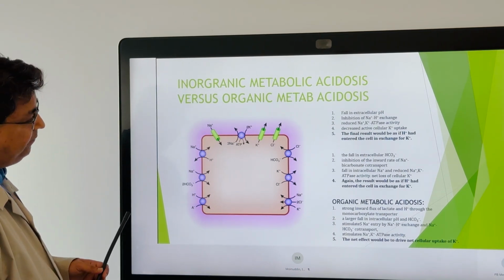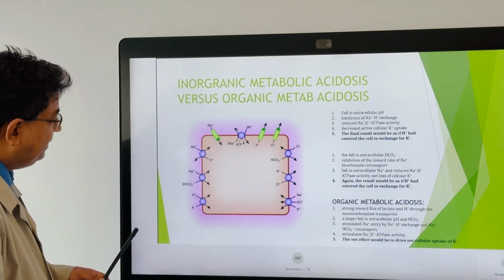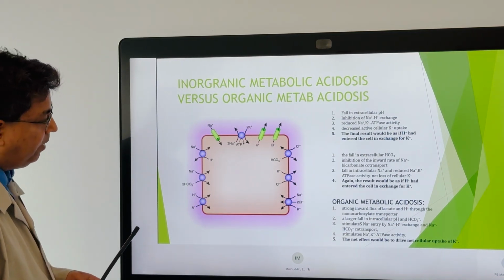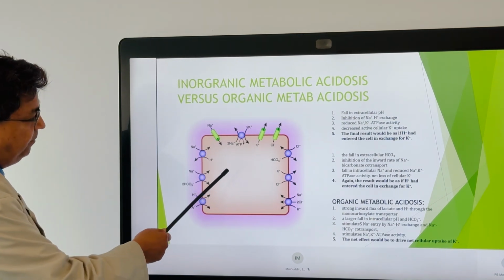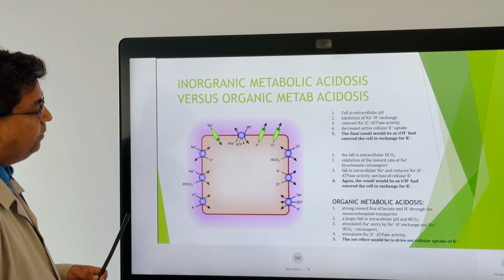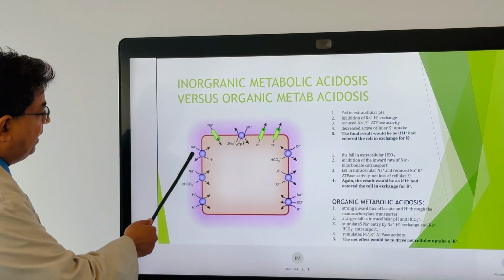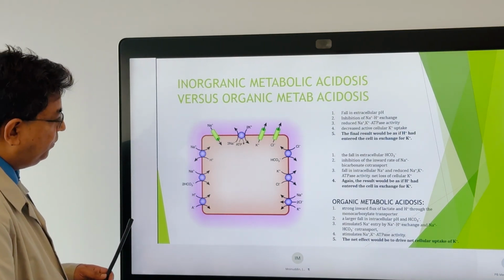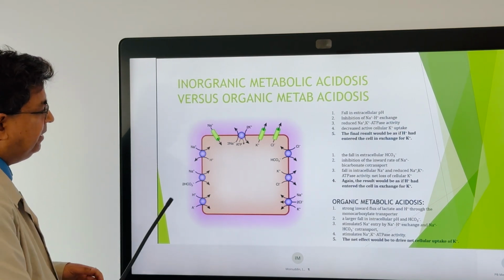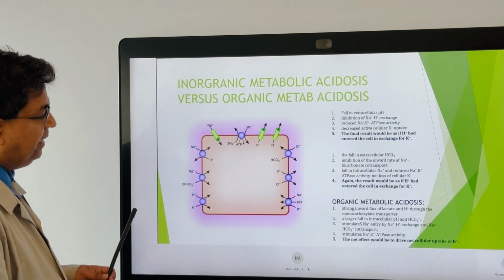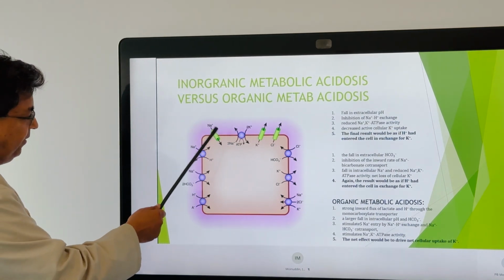There is strong inward flux of the organic anion, such as lactate, and proton, through the monocarboxylate transporter. A larger fall in intracellular pH and bicarb will stimulate sodium entry by the sodium proton exchange and sodium bicarbonate co-transport. This stimulates the sodium potassium ATPase activity. The net effect would be to drive net cellular uptake of potassium.